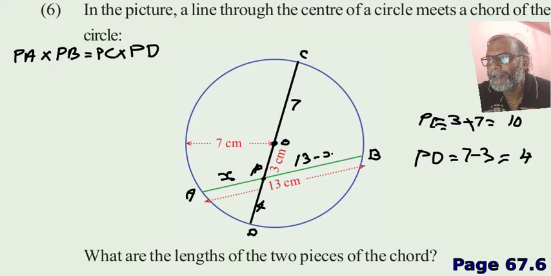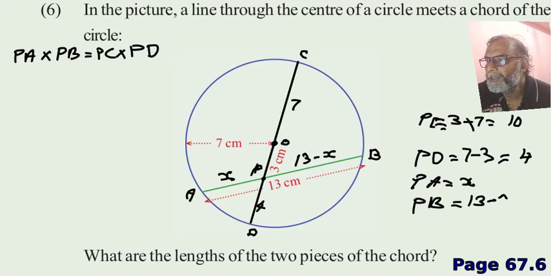It will be 13 minus X. So we got the lengths of PA and PB in terms of the variable X. So we can write it here like this. PA is equal to X and PB is equal to 13 minus X.